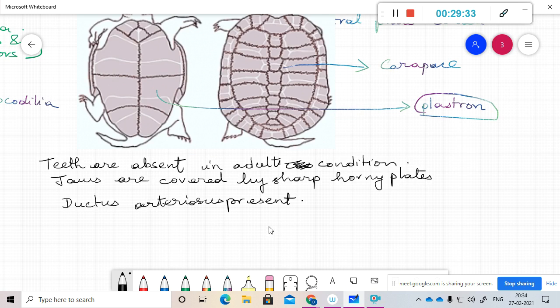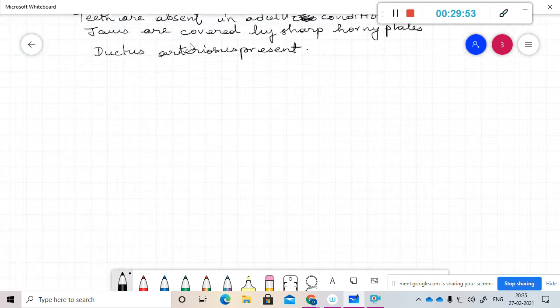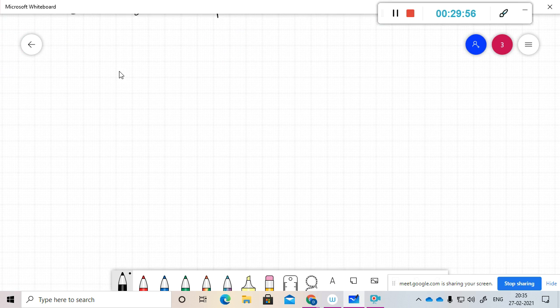Then let us go to the next part. Characteristic features of the Lacertilians or Lepidosaurians. So we are now going to the subclass Lepidosauria. What are the characteristic features of subclass Lepidosauria?